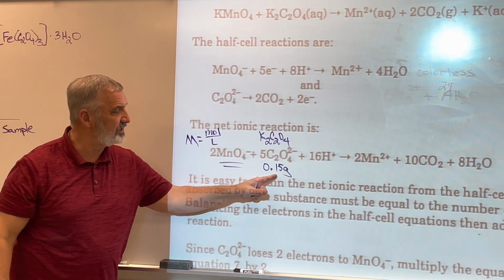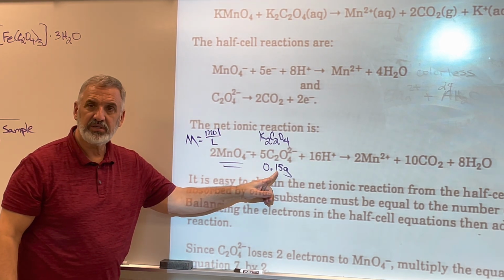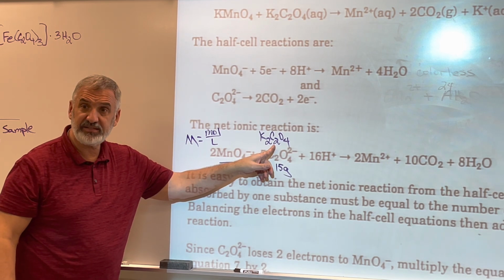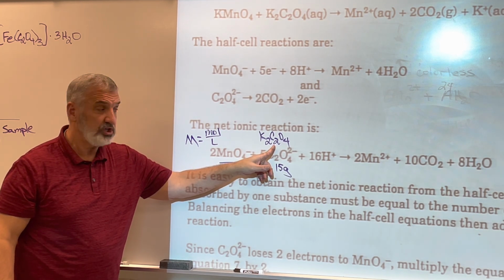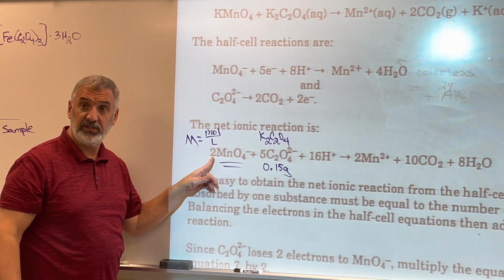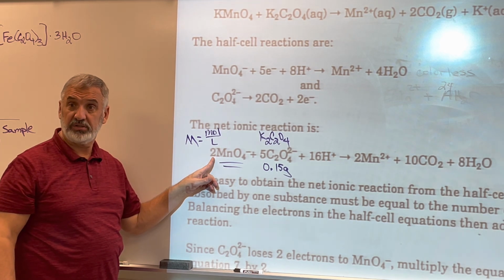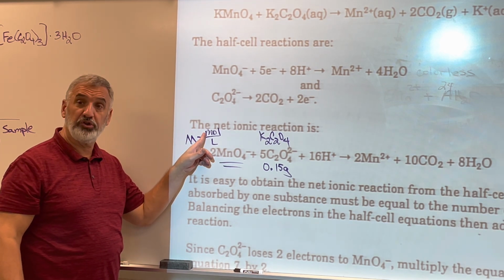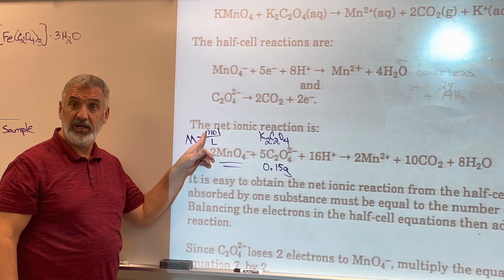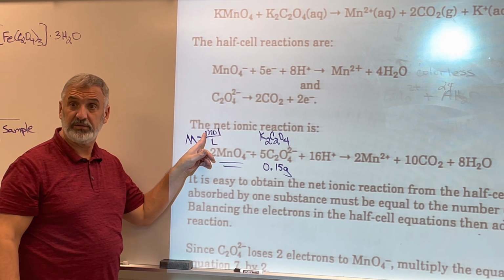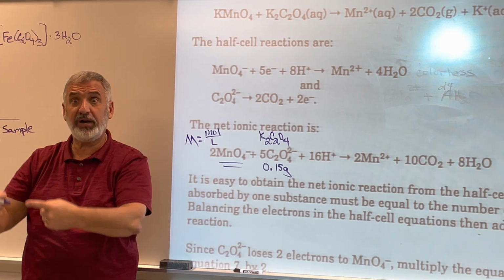So I can take grams divided by the molar mass to get moles, use my balanced equation to get moles. So I would have moles of KMnO4. Where do I get liters from? The titrate. I read it from my burette.